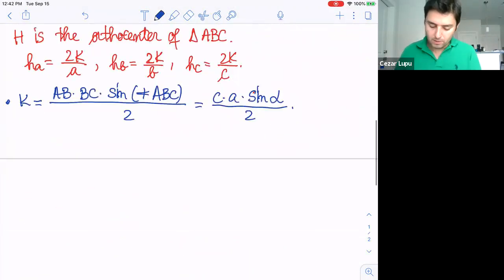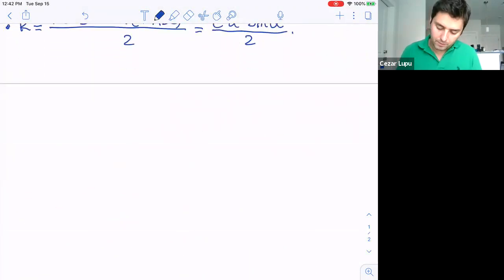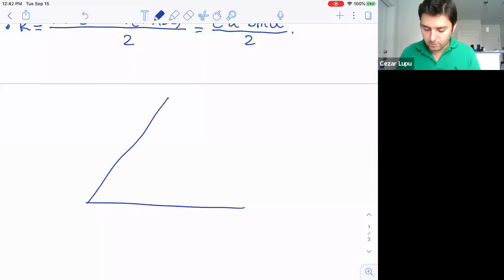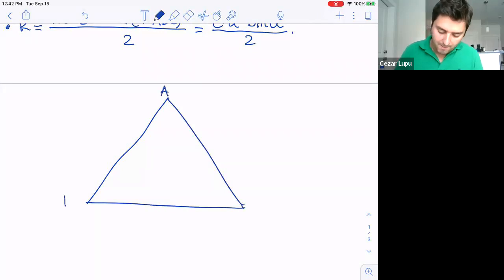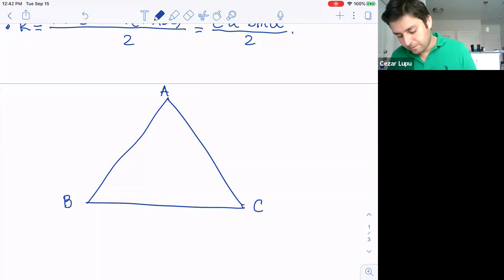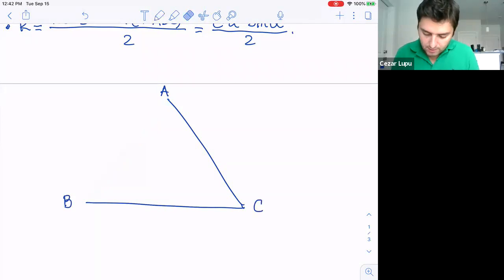All right. Now, let me say something. Let me draw the triangle again. Oh my goodness, this is not even a straight line, but anyway, you'll forgive me for this. Okay, let me draw this again.